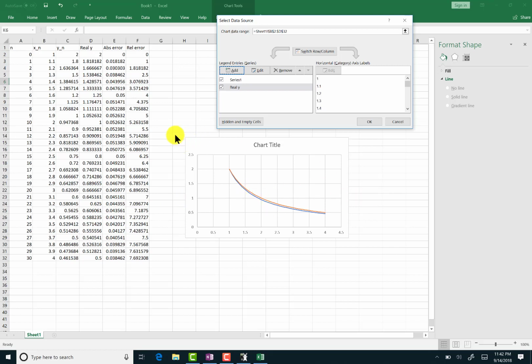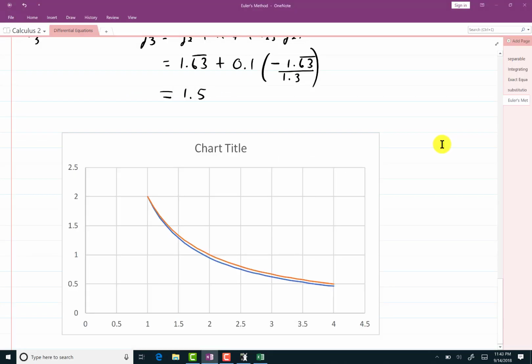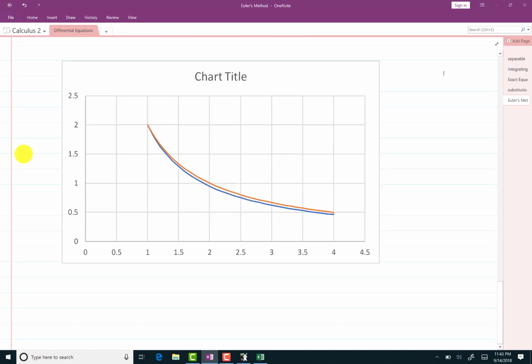Let me see if I can copy this thing. So here's what I have. After computing all those data values, the red one is y equals 2 over x, and the blue one is the approximate y. And you can see that it strays a little farther and farther as we go along.